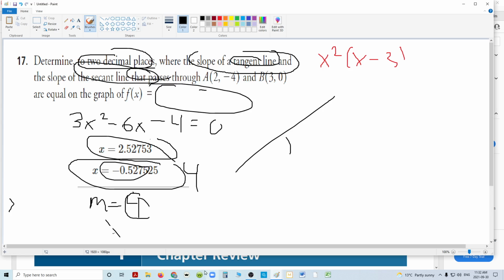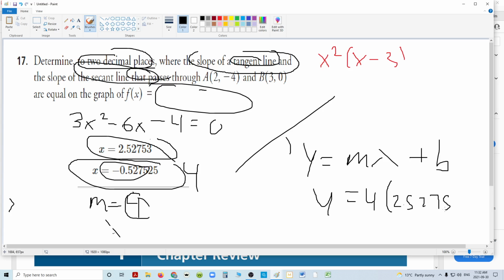Let's let Desmos do it. If I wanted to come up with a formula, I would need to know the y value because I have most of it so far. I have m equal to 4 when x is 2.5275. To figure out the b, I just need the y value. To figure out the y value, I just got to plug that back into the original equation.